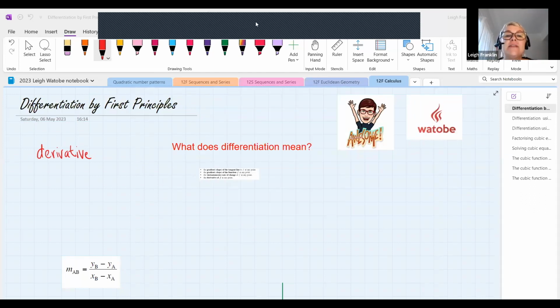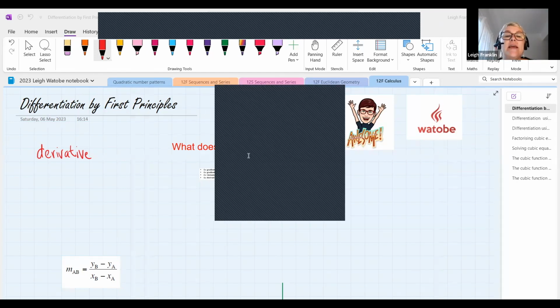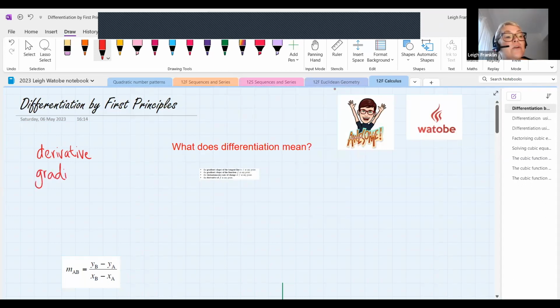Okay, in the chat, does everybody see that Nhlanhla said, is it related to finding gradient? So we've got this word gradient. Let's write that down. Any other ideas? Derivative or gradient? Okay, let's talk a little bit further about this.